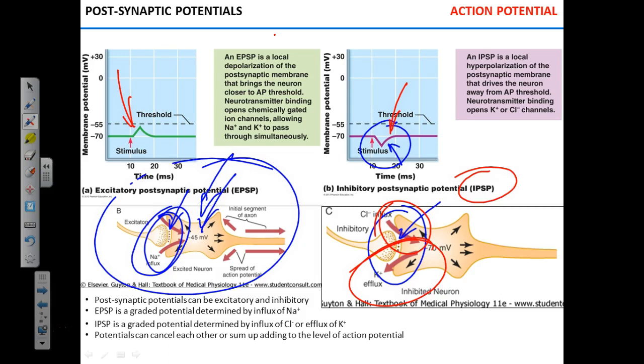If I bring the neuron right here farther from the threshold, is that going to increase the chances to transmit the signal or decrease? Decrease, right? The chances that the signal will go through the neuron are lower now.